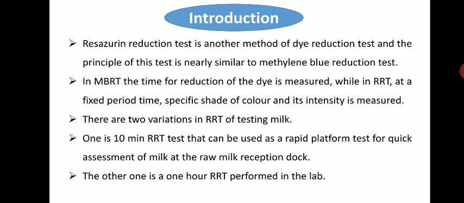The other one is the 1 hour RRT test, and this test is somewhat longer. As I previously mentioned, in this particular test we have to fix the incubation period or incubation time.